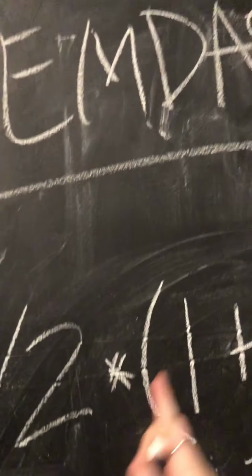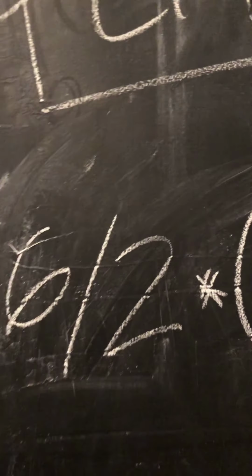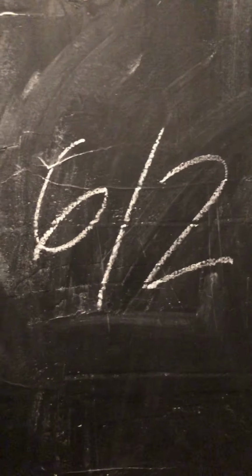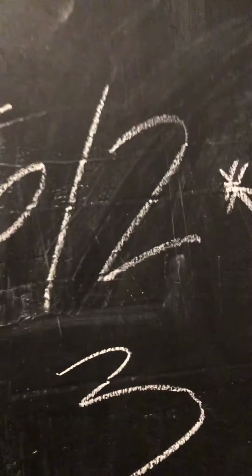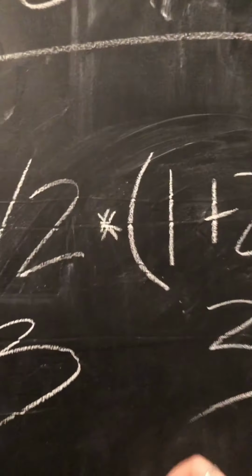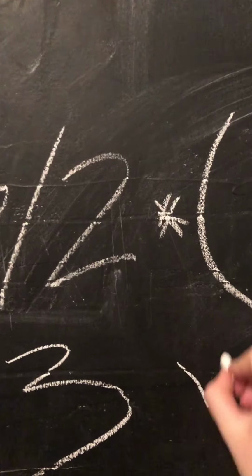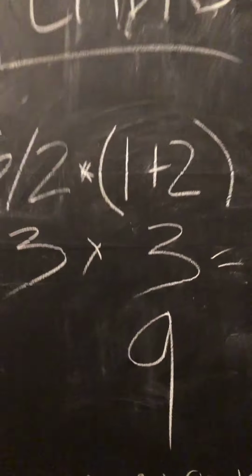Multiplication, and then division, but the division comes before the multiplication. So we're going to divide: 6 divided by 2 equals 3, boom. And then we have multiplication, so we're going to multiply these guys, and 3 times 3 equals 9, and that is the correct answer.